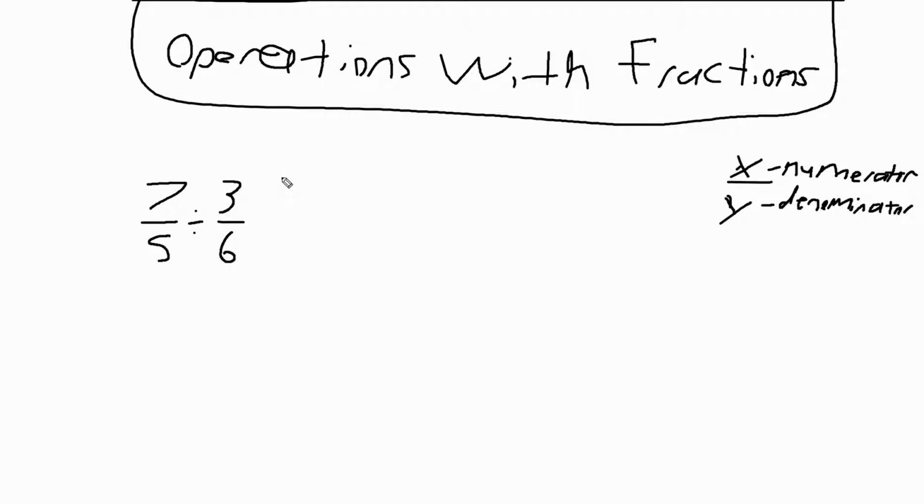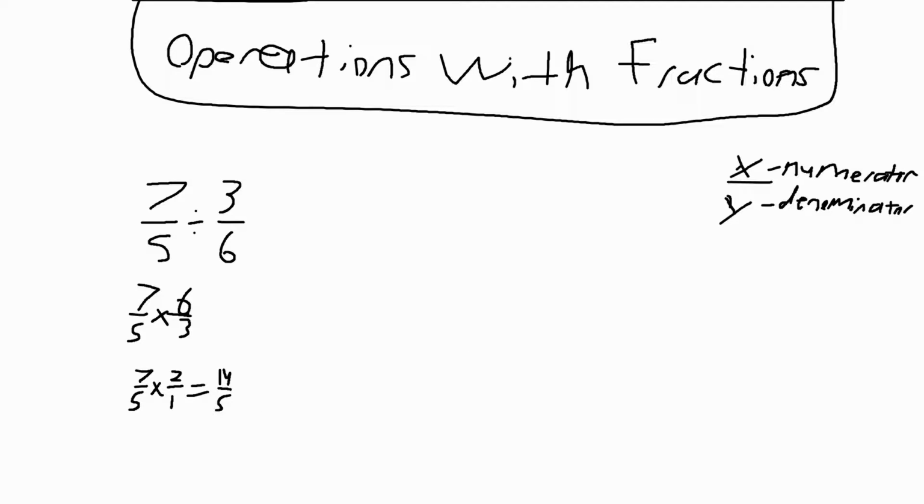If you guys don't know what that means, it basically means we keep the first number, we change the division to multiplication, and then we flip this to make it 6 over 3. And this is basically just 7 over 5 times 2 over 1 to simplify it, and that will give us 14 over 5 as our answer.